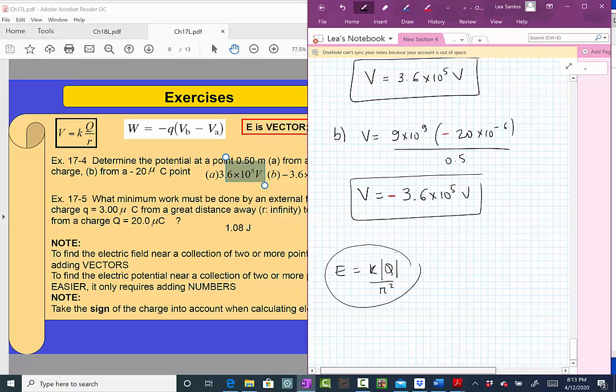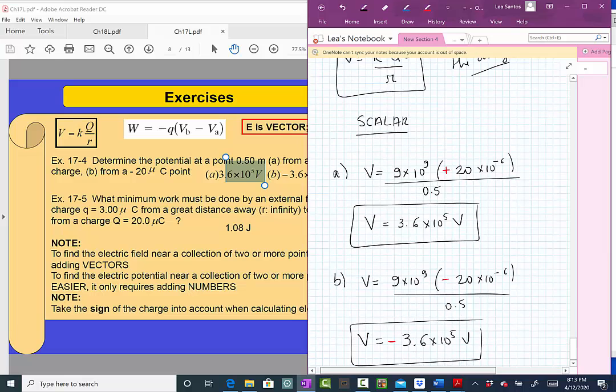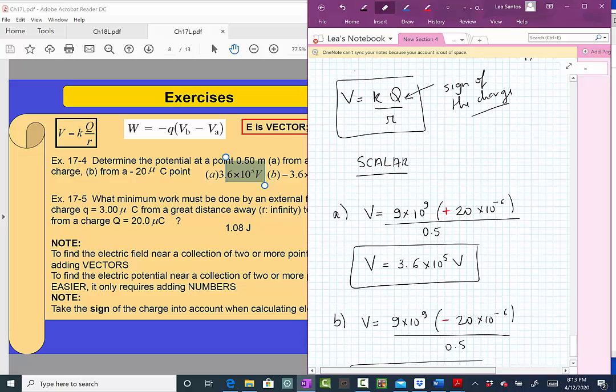It's just going to be the number associated with it. The direction will come from the problem by playing with vectors. So for electric field, we do not write the sign of the Q. When we are talking about potential, then yes, we do write the sign of the charge. So this is very important.